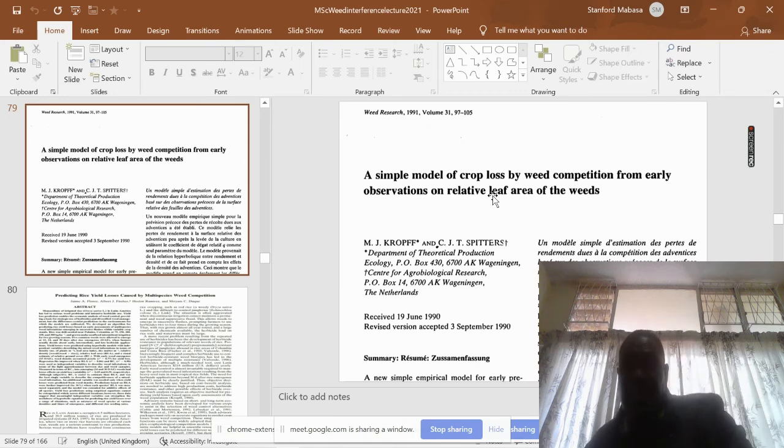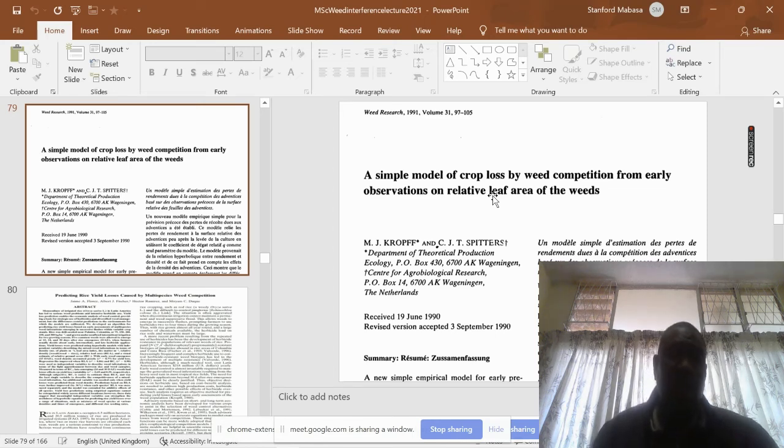So it's a simple model of crop loss by weed competition from early observations of relative leaf area of weeds. So there are two contrasting papers, one talking about density, the other one about leaf area.